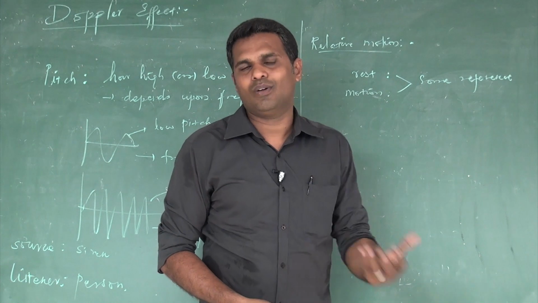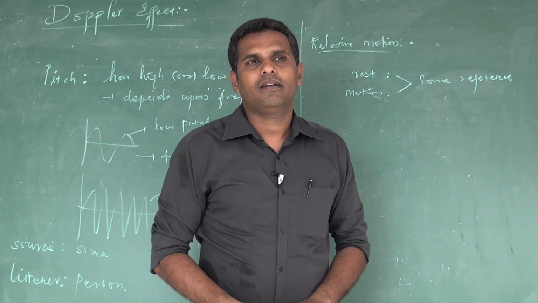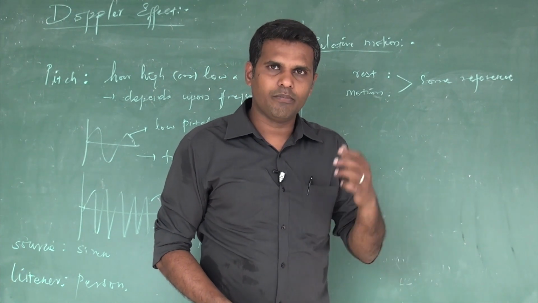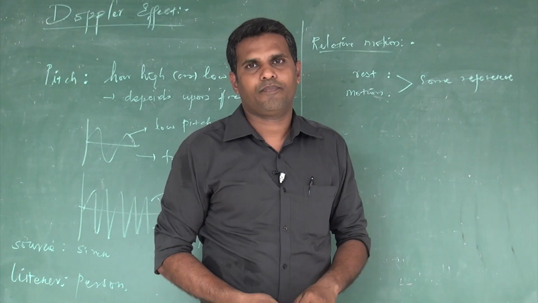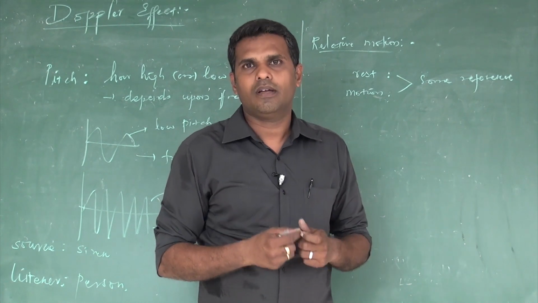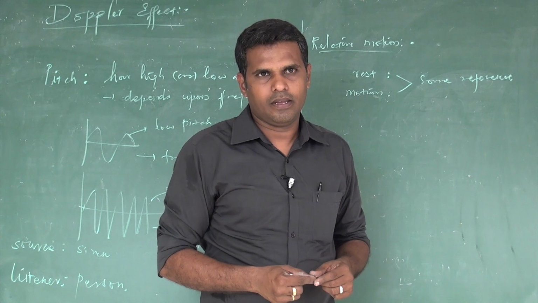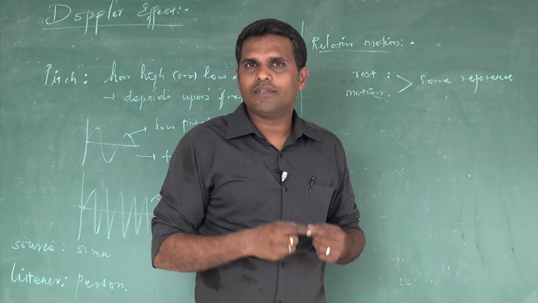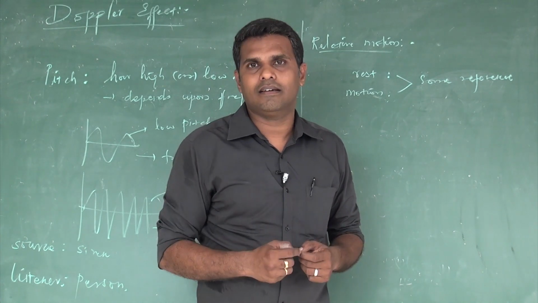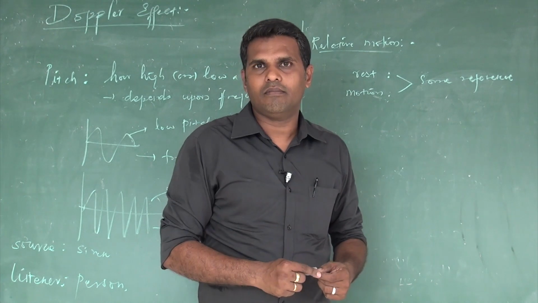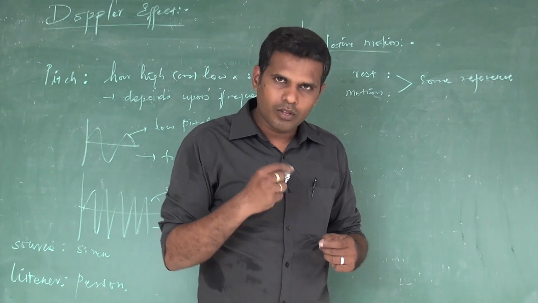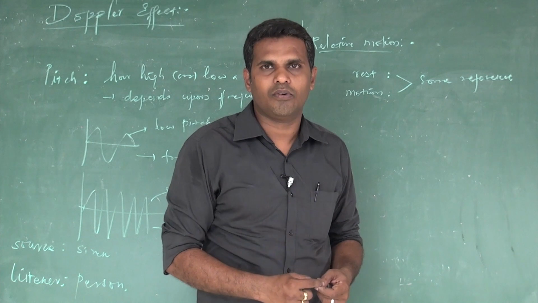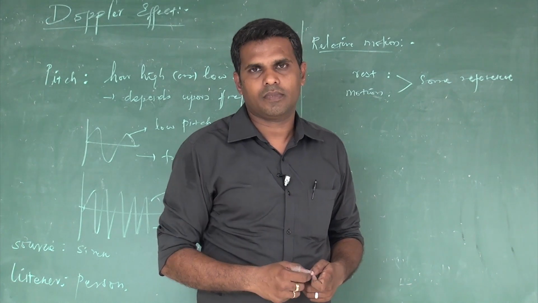I would like to recall the definition once again. Whenever there is a relative motion between the source and the listener, the frequency of the sound heard by the listener is different from the original frequency of the sound produced by the source.